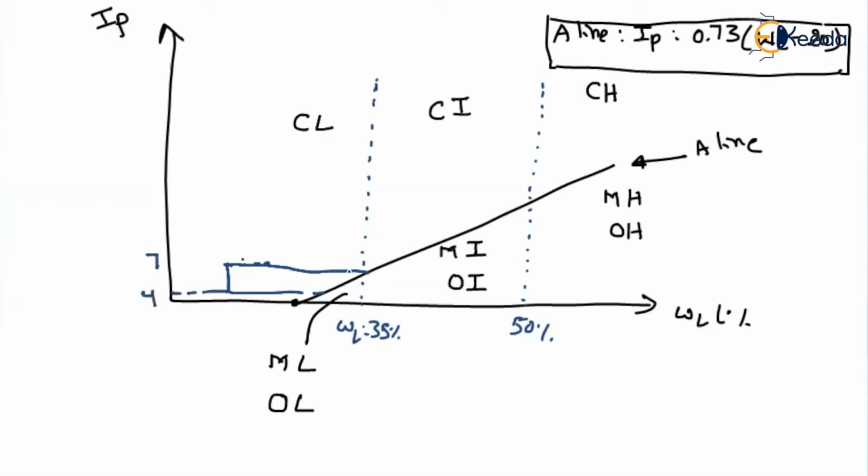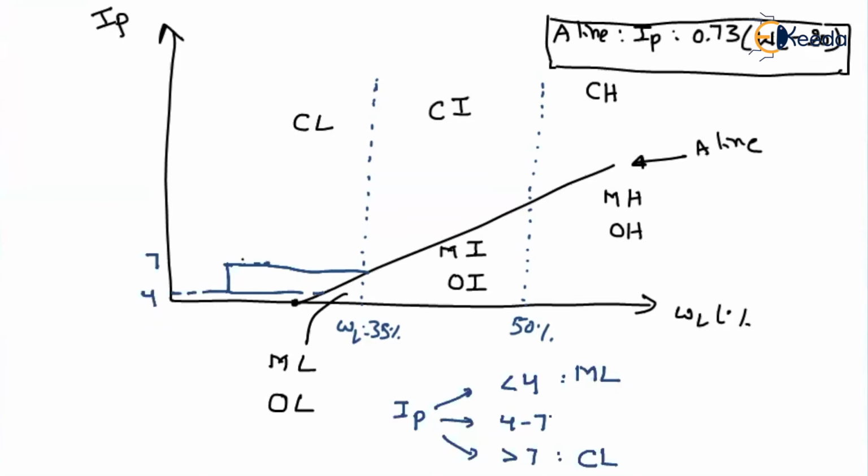That means if your liquid limit is coming less than 20, you have to see your IP value: if it is coming less than 4, 4 to 7, or greater than 7. If it is greater than 7, then we can say it is a low compressible clay. If it is less than 4, we can say it is either a low compressible silt or low compressible organic soil.